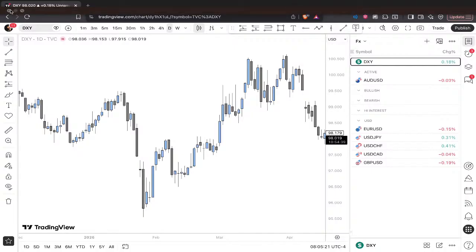Since I opened, it just began to be slow. Let me update this. I think it's fine right now, but it's just very slow on TradingView, which is so weird.